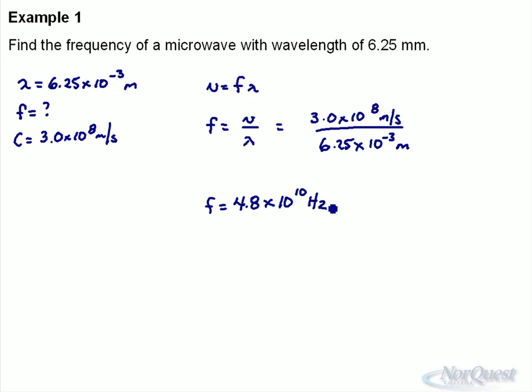And if you look on the table that I gave you, you should be able to classify this as a microwave. Remember, microwaves are produced by specialized currents through specialized equipment. That's the source for a microwave.